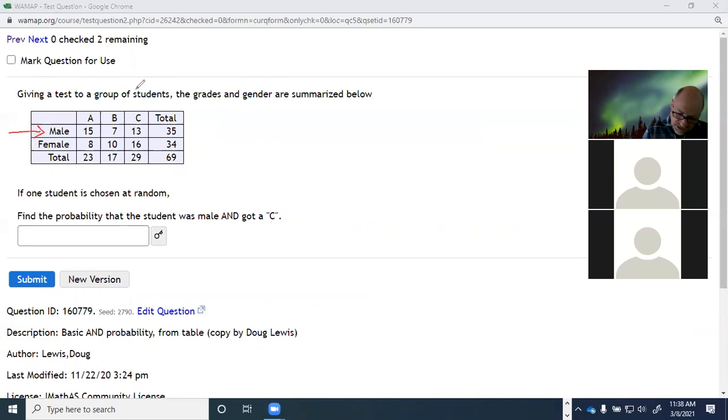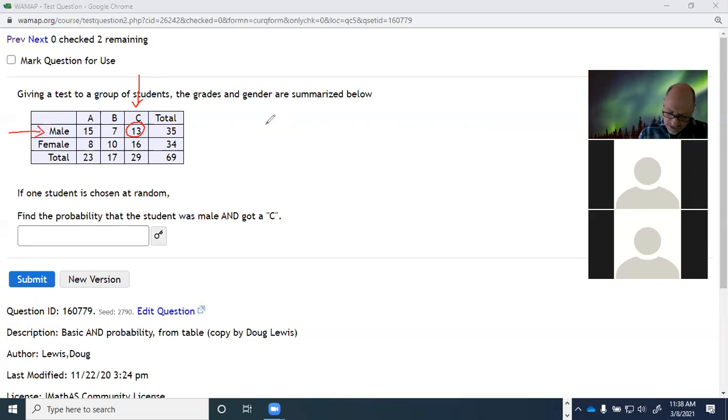And if they got a C, they'd have to be in this column. And so the overlap there, there's 13 that were in both the row and column. This is 13 males that got C's, right?